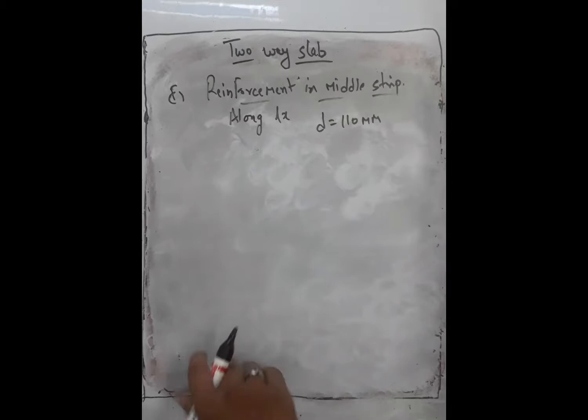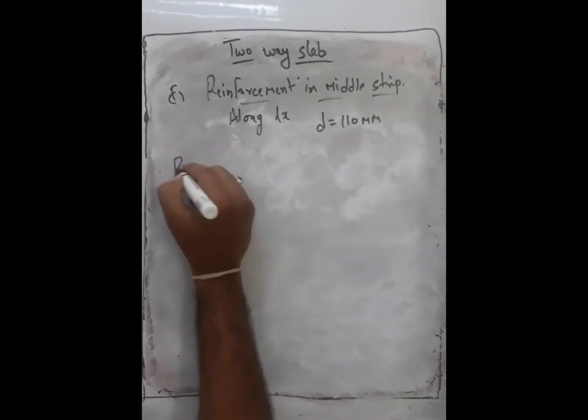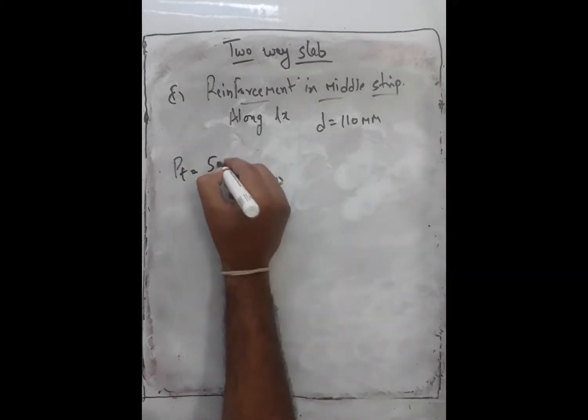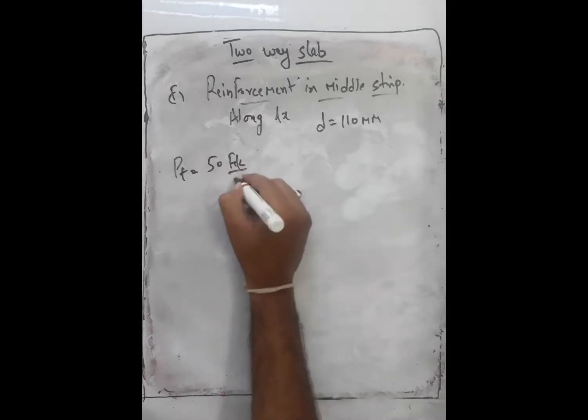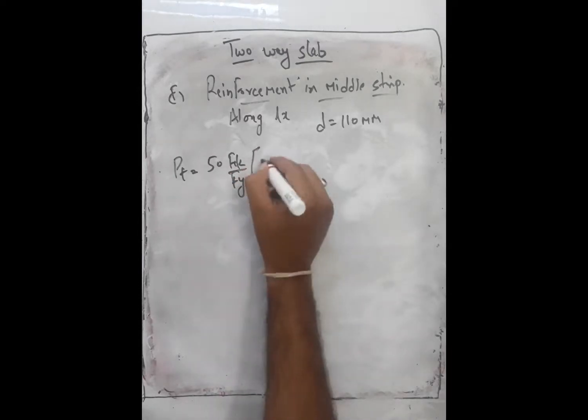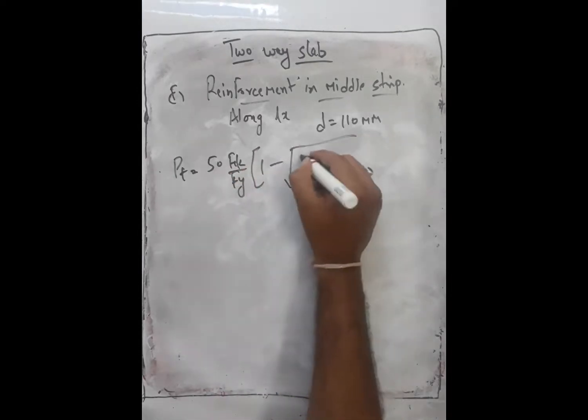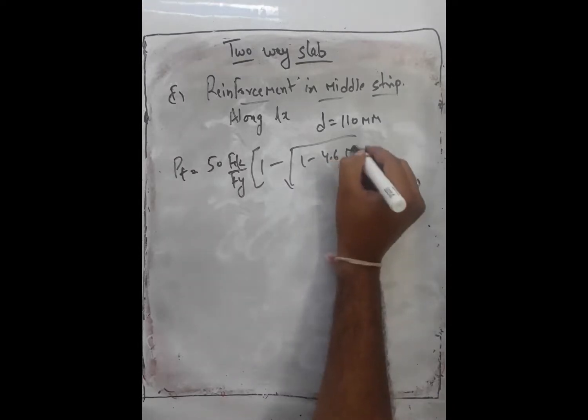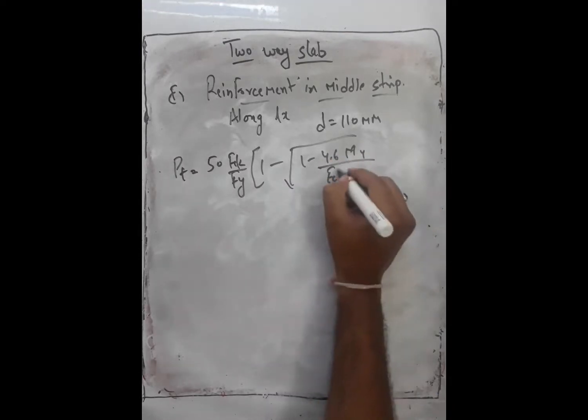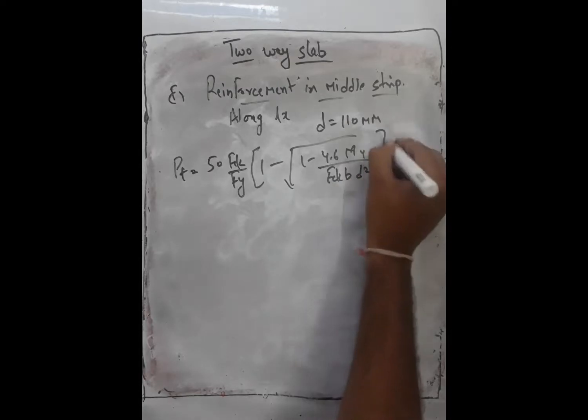Okay, so we know that PT is equal to 50 upon FCK upon Fy into 1 minus root 1 minus 4.6 Mu upon FCK BD square.